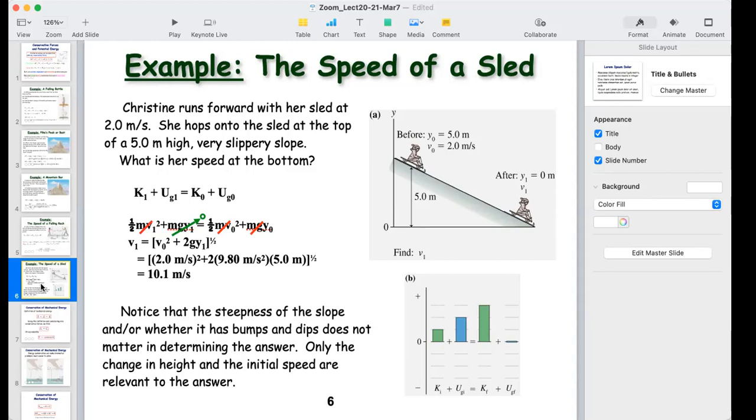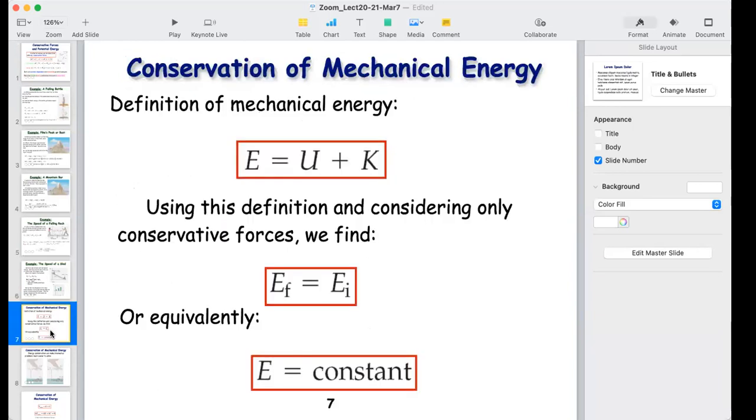So we use the conservation of energy because there are all conservative forces. There is no friction. So what we say is that all the energy that we have at the beginning is the same as at the final situation. So let me first maybe show this slide.